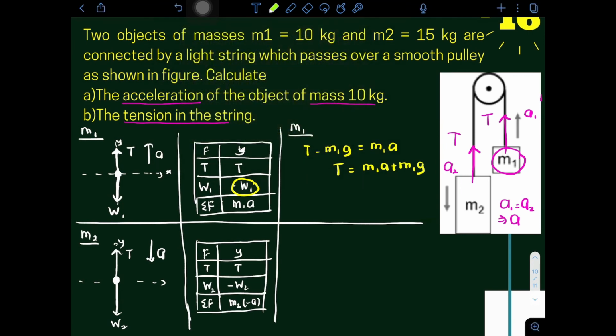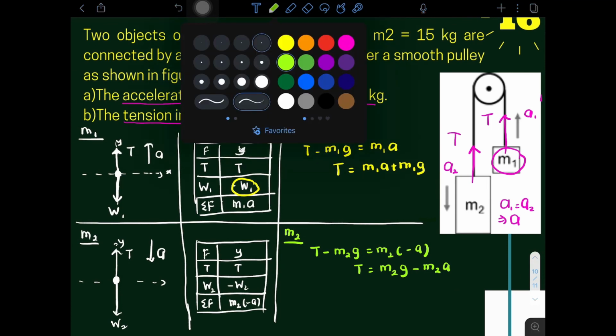Next, I will make the equation for mass 2. We have T minus M2G equals M2 times negative A. So here my T is M2G minus M2A.